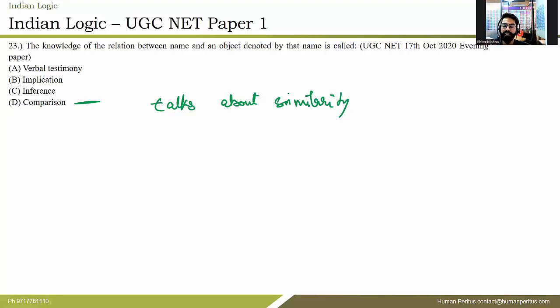If somebody tells you to think about a dog or a cat, there are a few characteristics which will always be there in your head, right? So if you see an animal with those same characteristics, you will be easily able to compare what you know from before and say that that particular animal is a cat or a dog. That is comparison. So the correct answer is D here.